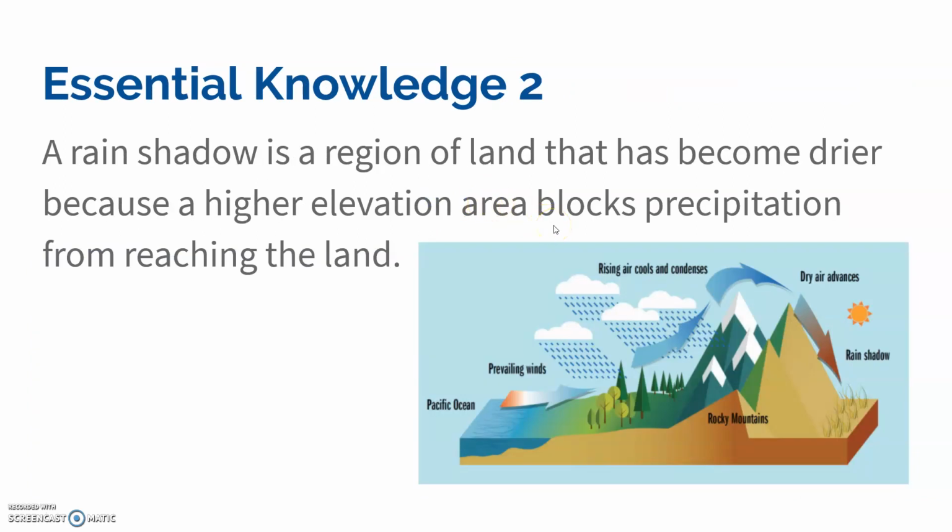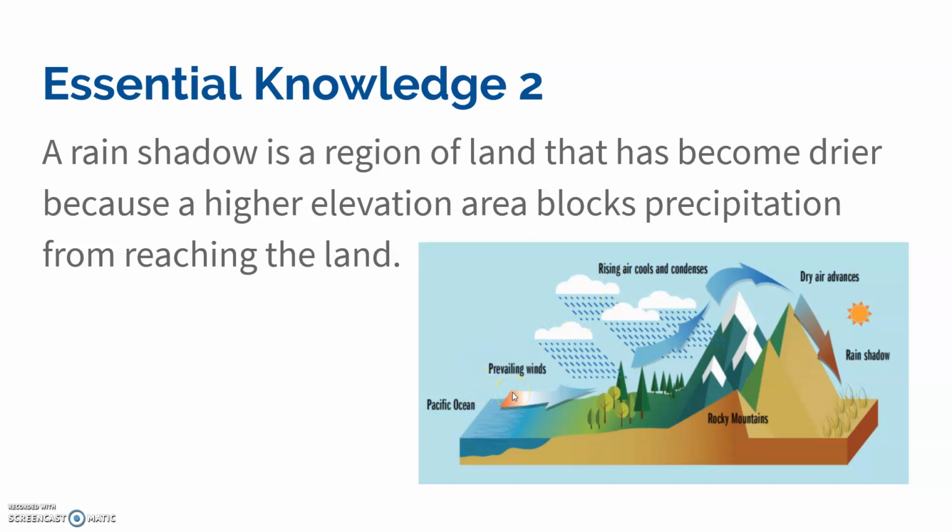The next thing we're going to talk about is whether or not the land is near a mountain. We see this really interesting phenomenon where the side of a mountain that's facing a large body of water, for example, the Rocky Mountains and the Pacific Ocean, gets a lot of rain from the water coming off the ocean.